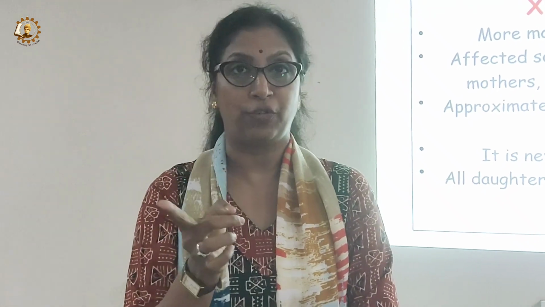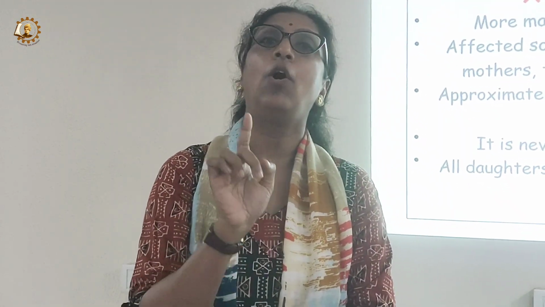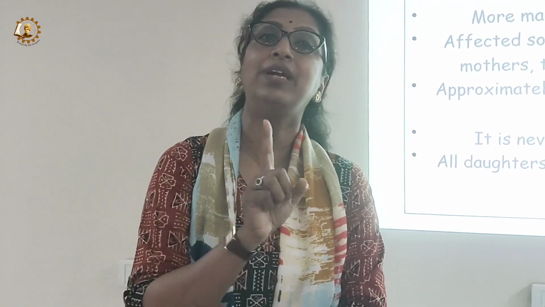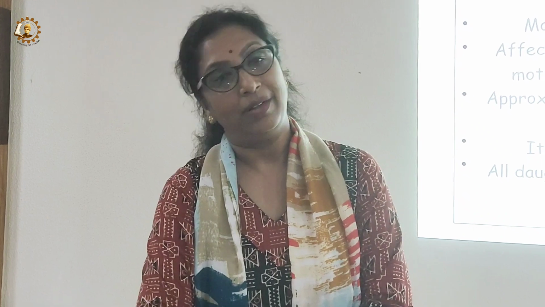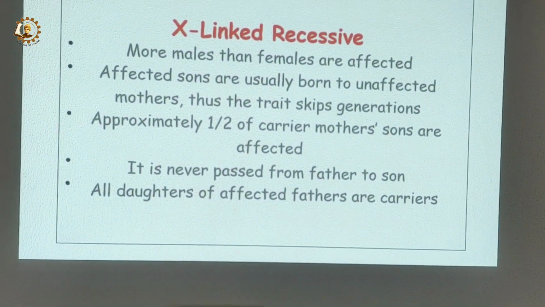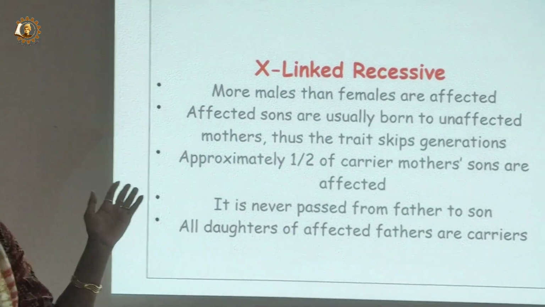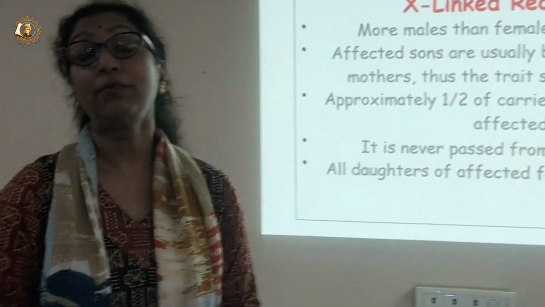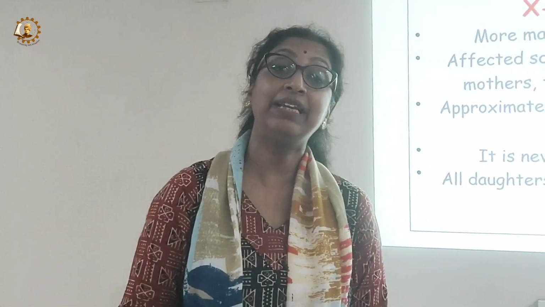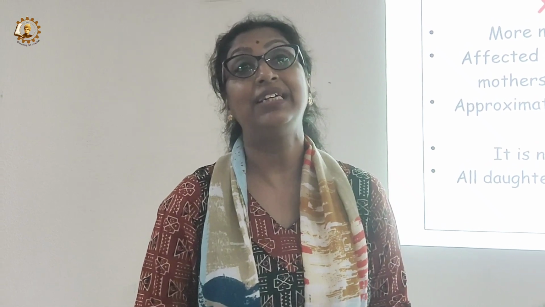And their children, mainly their male child, when he receives that particular X from his mother, will be the affected one. Okay, so that is the reason more males are affected than females in this particular case.